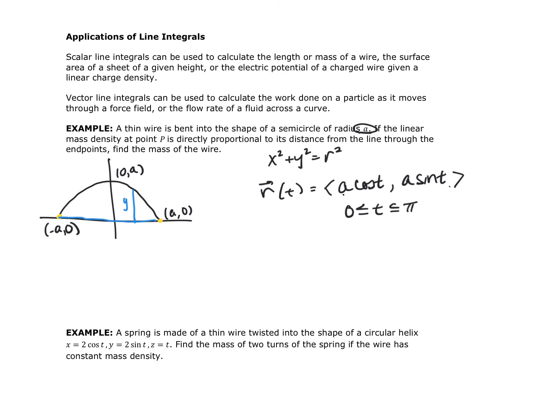So my integration over my curve C of rho, my density, ds, in this case is going to go from 0 to pi of k multiplied by y, and then I multiply this by the magnitude of the derivative of my vector r dt.